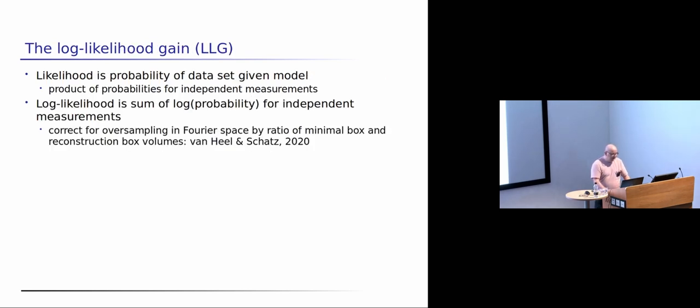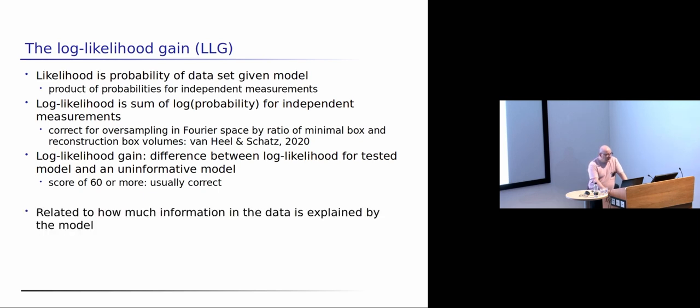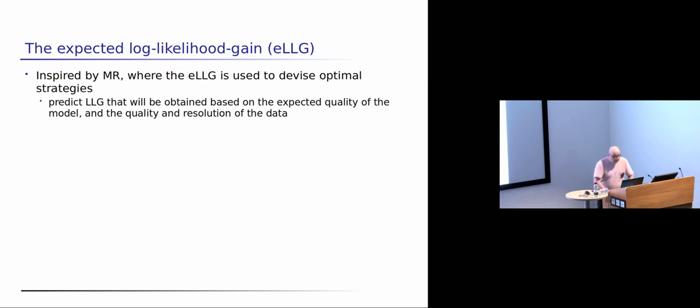The idea is that you have some expectation of what you would get as a score based on a null hypothesis, which Randy calls an uninformed model, which I guess is just a big ball of atoms. The expected log likelihood gain is the score that you can use to distinguish the best scoring model from the correct solution, or to identify the best scoring model as the best solution.